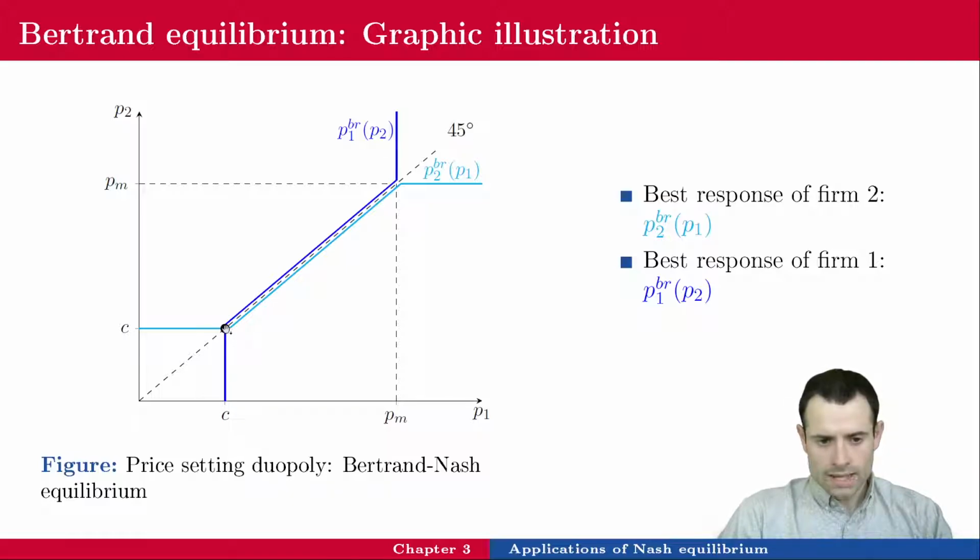Once they get there, for any price P2 which is bigger than C and lower than PM, so anything here in between, firm 1 will want to charge the price P2 minus a tiny epsilon. So in this case, you're going to go to the left. The epsilon is going to be just slightly to the left. This is the phase where firm 1 wants to undercut firm 2.